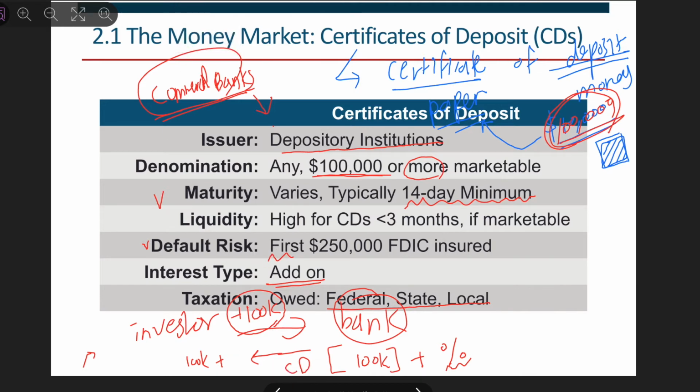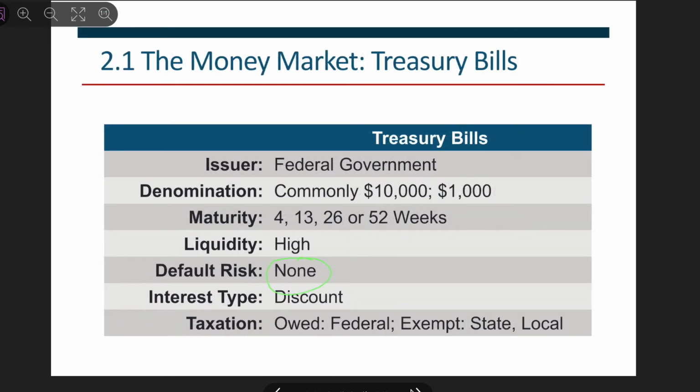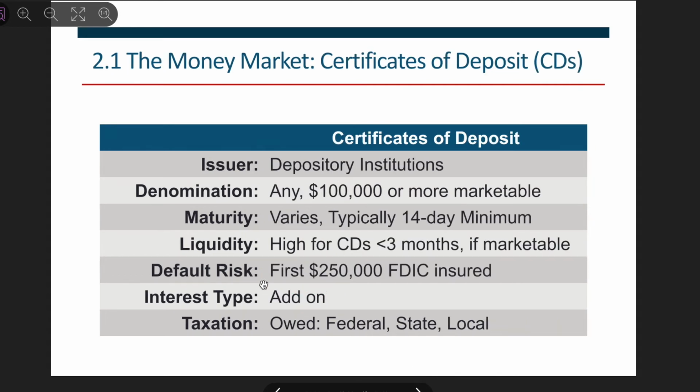Before, we had no risk, but now we have some risk. What happens is, if you lose all of your money, the first 250K can be paid from the insurance of FDIC. So if you put, let's say, 500K to the bank, you'll get the first 250K back in the event of bank failure.